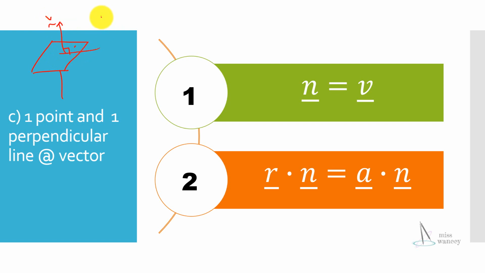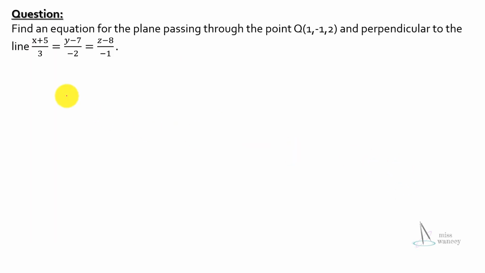But if you are using the definition, the normal is actually a vector that is perpendicular to our plane. Therefore, we can say that n must be equal to the v. And we can straight away use the v over here. So r dot n must be equal to a dot n. So let us see one example on how to use this one.